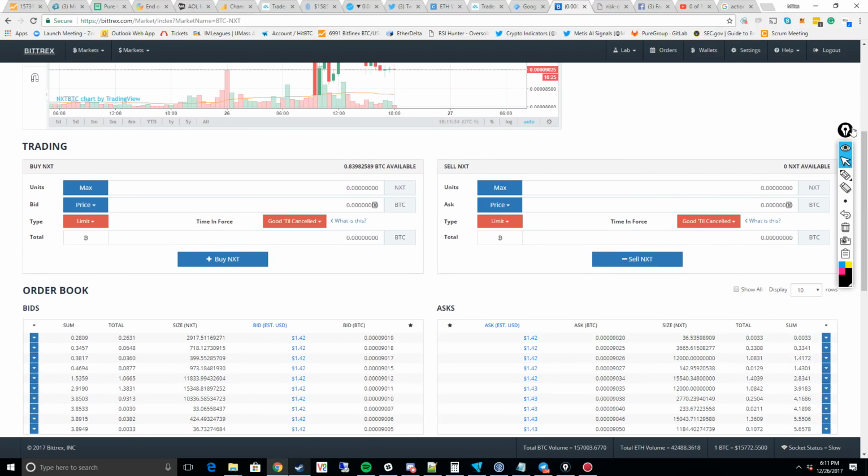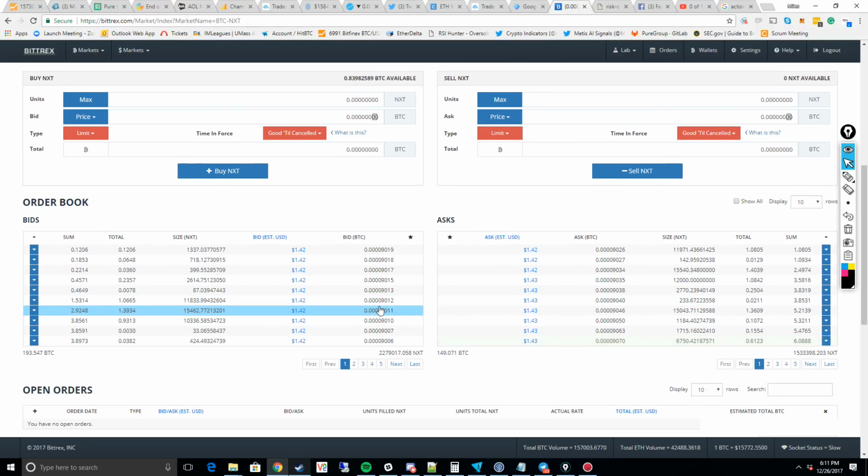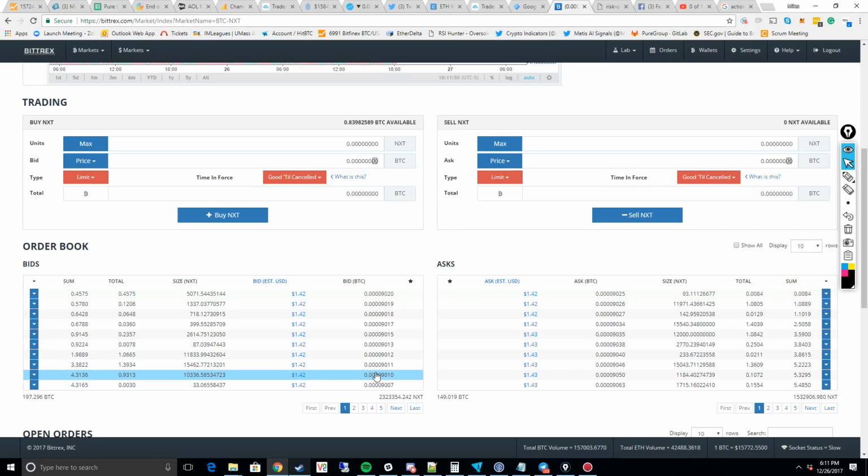Now, a lot of people are also wondering how to do this, so I'm going to give a quick guide on Bittrex. I have no NXT right now, so this is just going to be filled as an empty amount, but you're going to want to first get the price that you want to sell at. So personally, I want to sell at 9,010 sats.